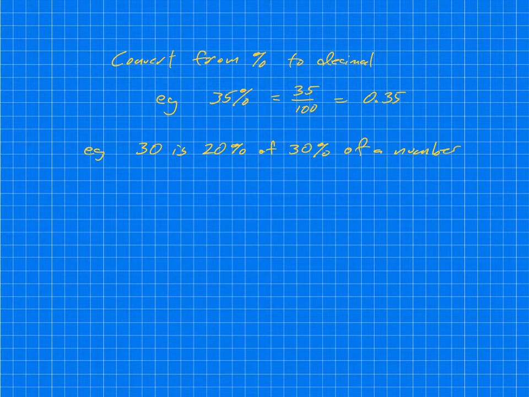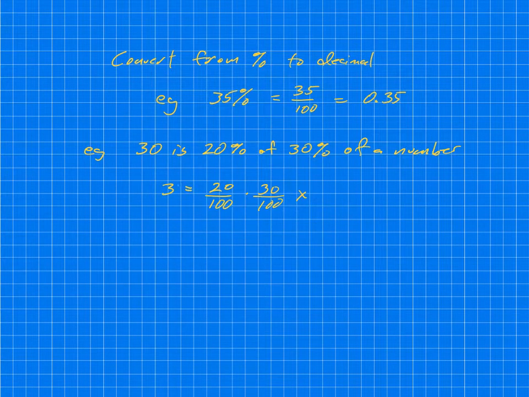So 30 is equal to 20 over 100 times 30 over 100 times x, yes, we could write it that way.